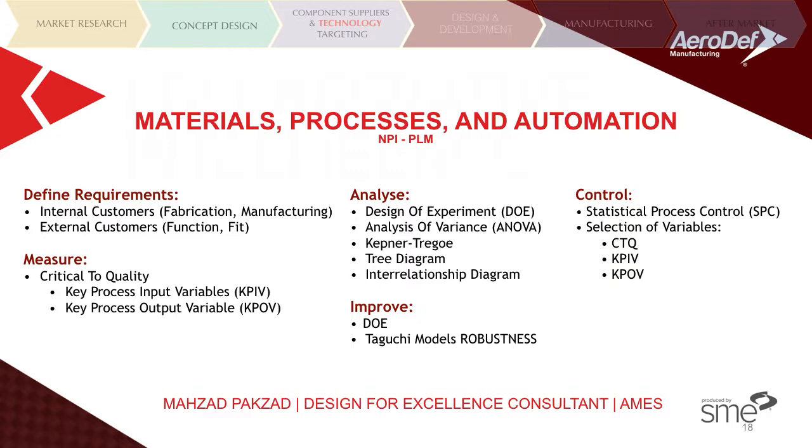And again, design of experiments can be used for improving the quality and the Taguchi model robustness, and for choosing the controls, statistical process control, selection of variables. What is it that we need to control, what are the variables, what are the critical to quality inputs, what are the inputs that need to be monitored and controlled, what is the output that needs to be monitored and controlled.